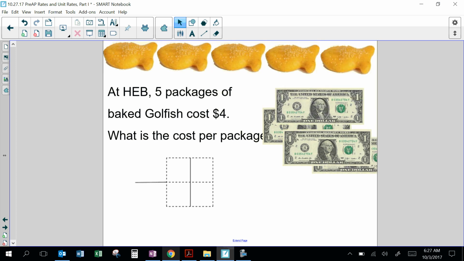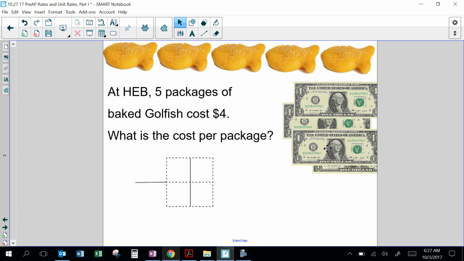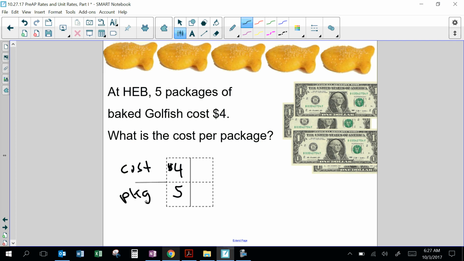So how can I find the cost? Well, let's think about it. It cost $4 for 5 packages. I need to find the cost per package, for each package. That's for one package. How can I find a cost from 5 packages to one package?